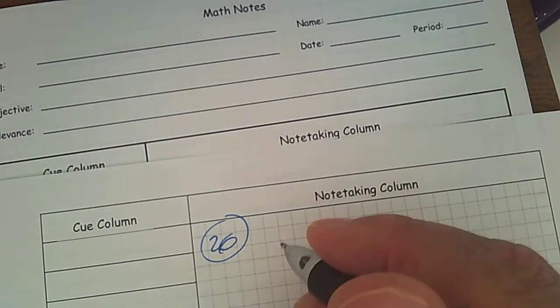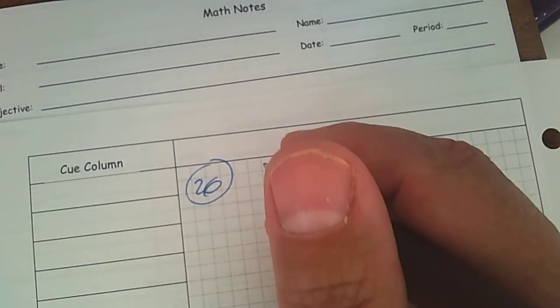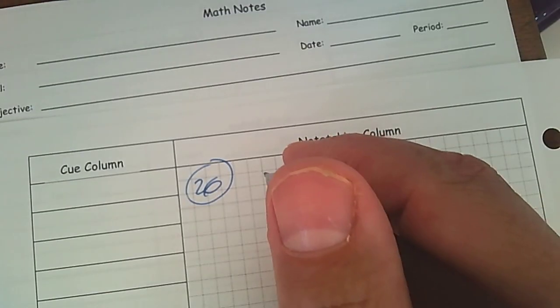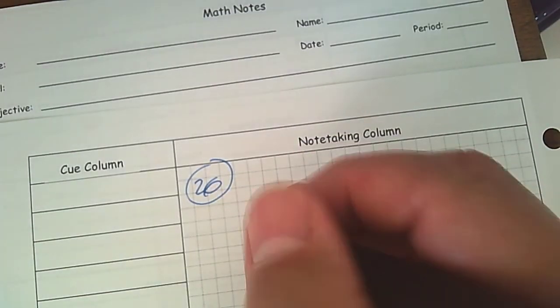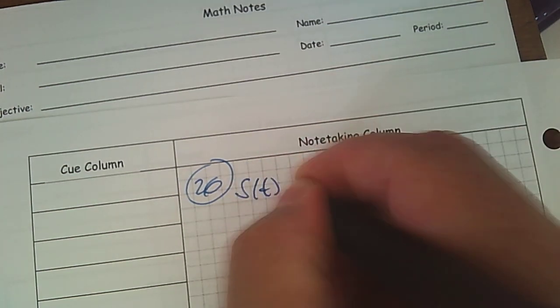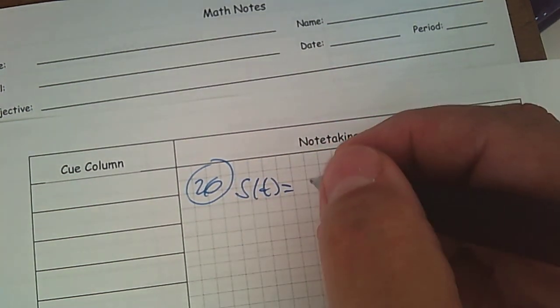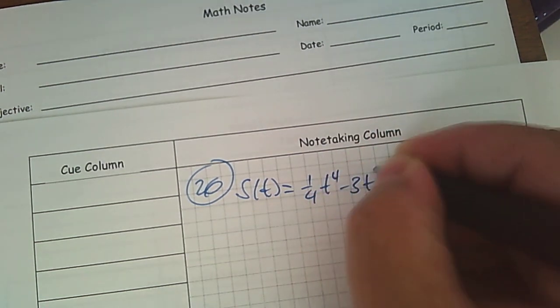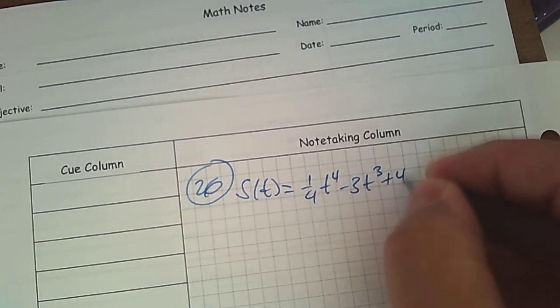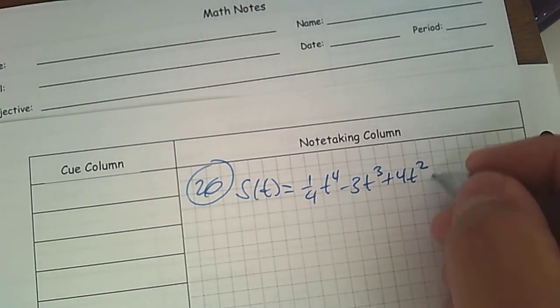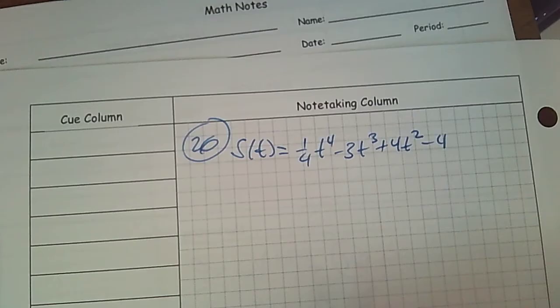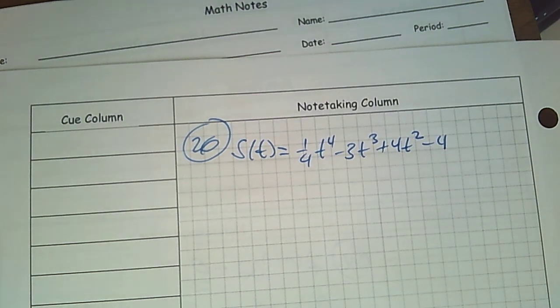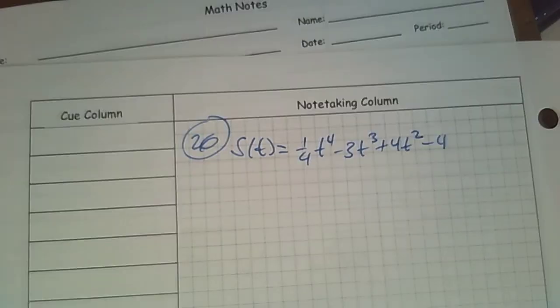In number 26, it says find the total distance traveled between 0 and 4 by a particle whose position is given by that. So you're given a position equation, so I'll write it down. Then, in order to understand the total distance, we have to know when the particle changes direction.